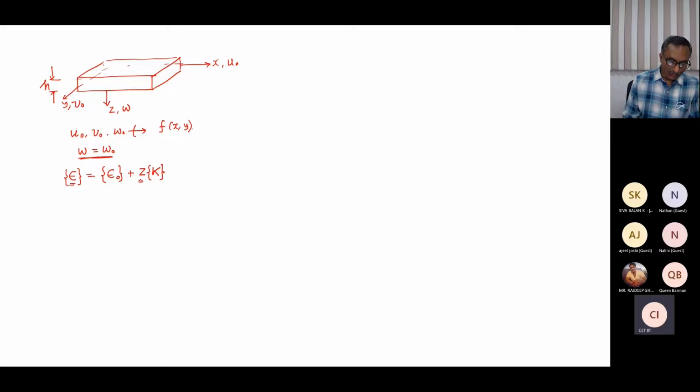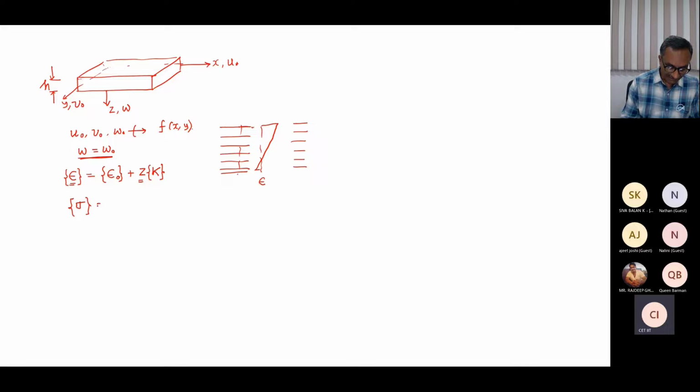Then we try to find out the stress, but you'll appreciate that in a layered laminate we have n number of layers. Even though the strain distribution is linear, that means it's a linear function of z, the stresses are different in different layers. Why? Because how do we get stress?